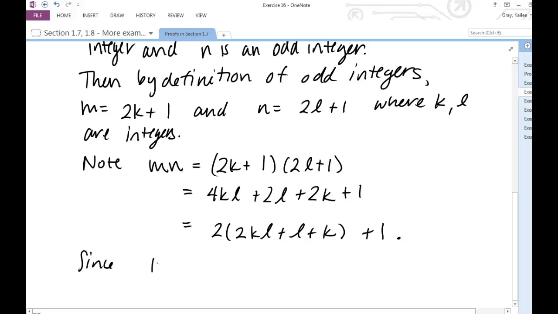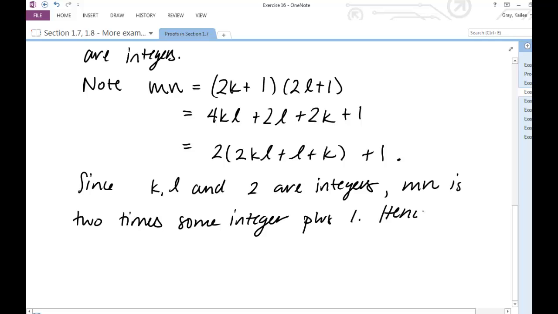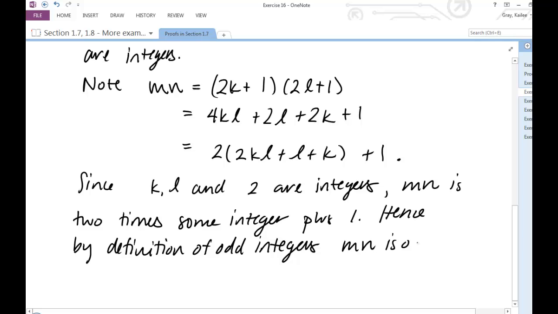Since k, l, and 2 are integers, m times n is 2 times some integer plus 1. Hence, by definition of odd integers, m times n is odd.